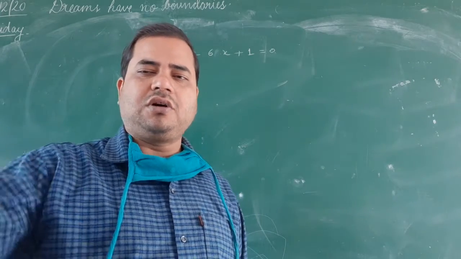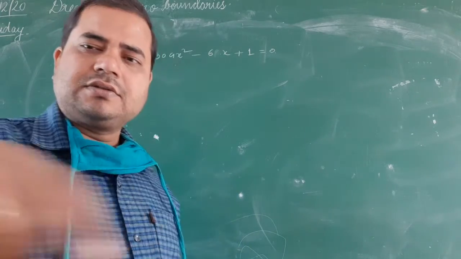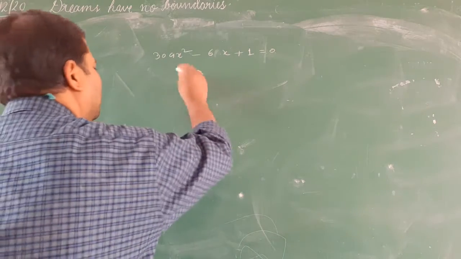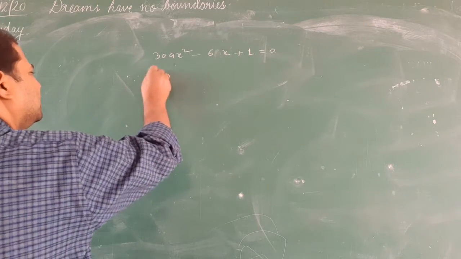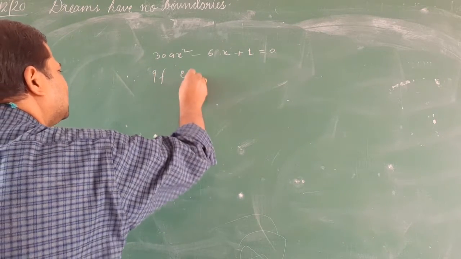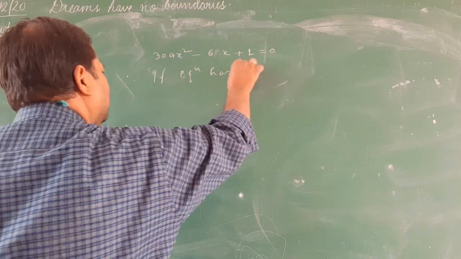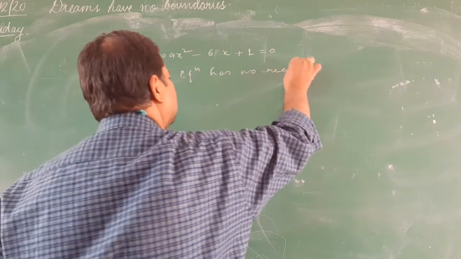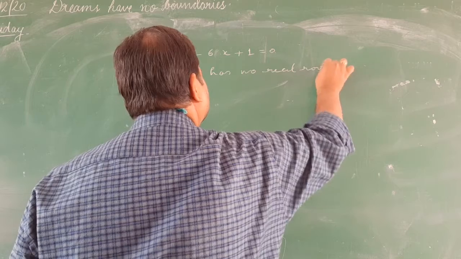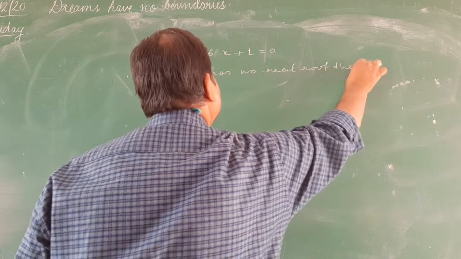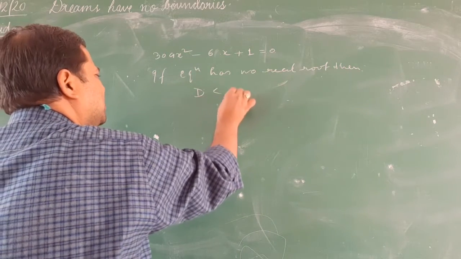So please try to solve it, afterward I'll tell you. So see, if an equation has no real root, then the discriminant D, which is b square minus 4ac, must be less than 0.